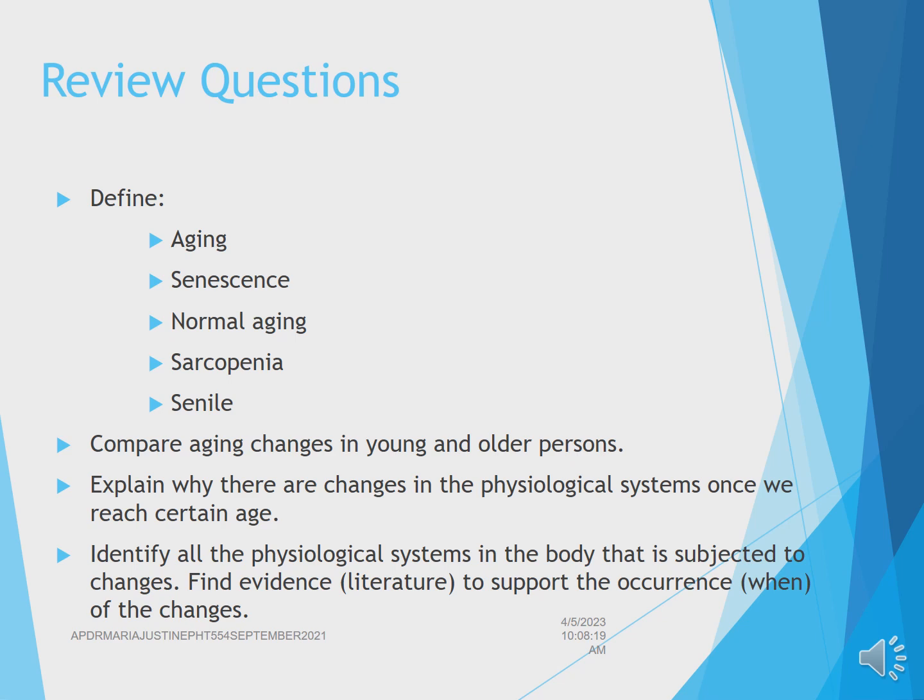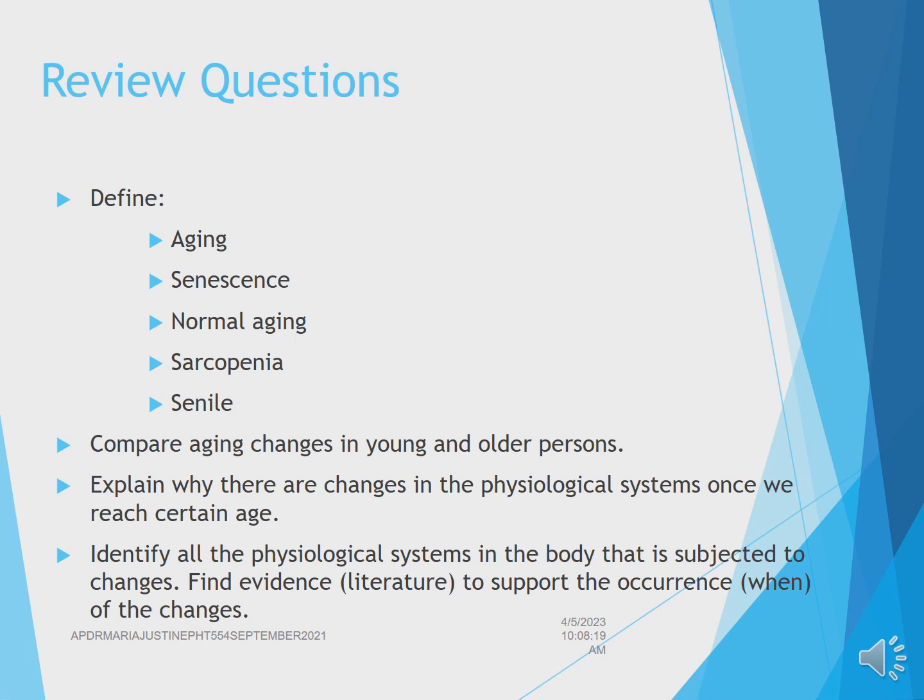Weakness of muscles in young people could be due to secondary sarcopenia. You don't call young people senile if they have a mental problem, but you commonly use senile for older people.